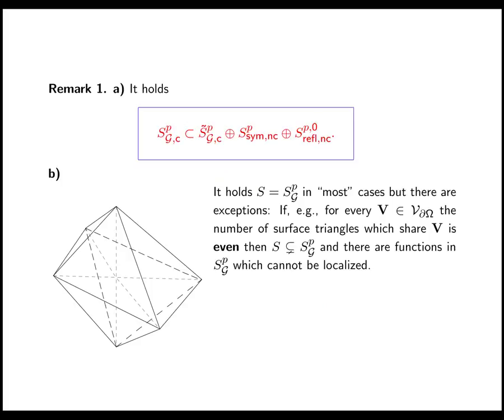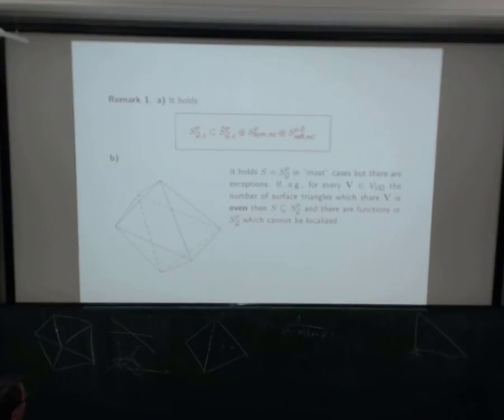Namely, in a situation which is special in the sense that every outer vertex has an even number of outgoing edges, then you can have Crouzeix-Raviart functions which you cannot localize. But as soon as one vertex has an odd number of outgoing edges on the surface, then this space spans the whole space.